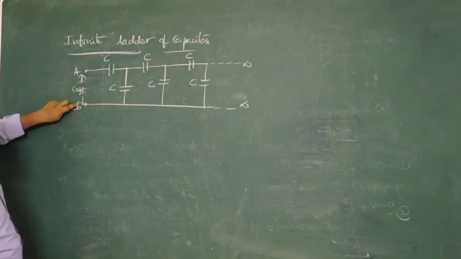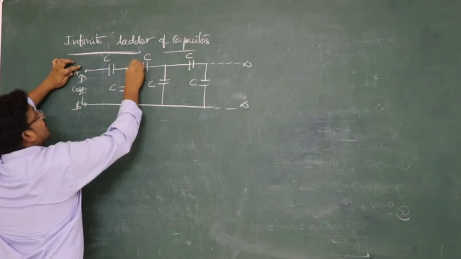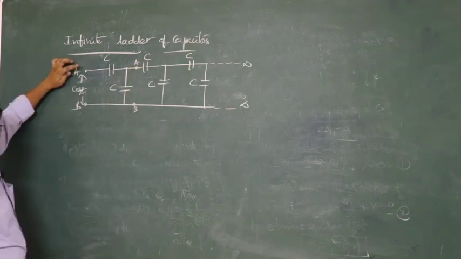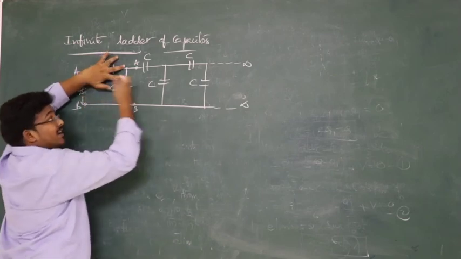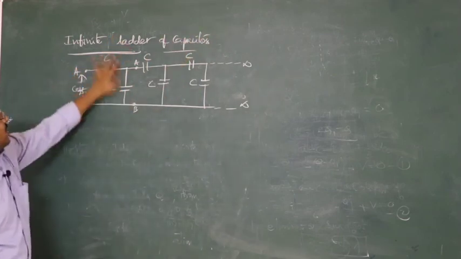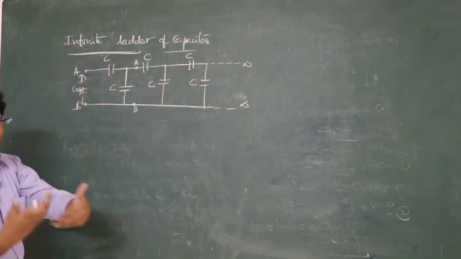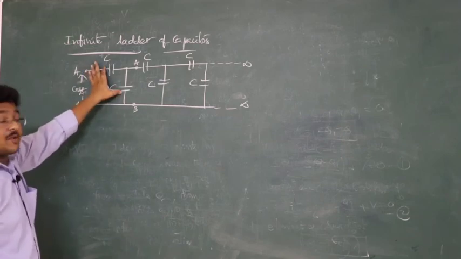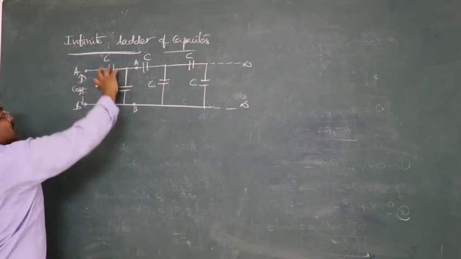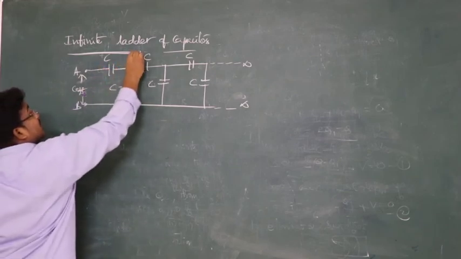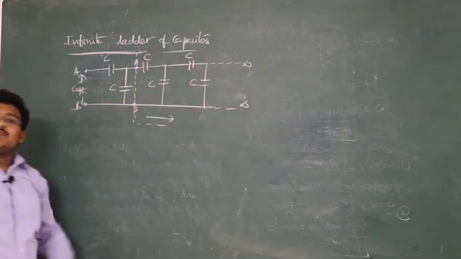If I keep A here and B here, and erase this entire part, I will get the same problem again, because the repeating circuit is C and C. This branch is repeating, which means in front of this repeating circuit I can keep A and B, so that from here the same problem comes again, with infinite layers.